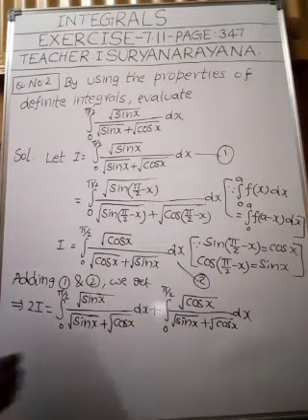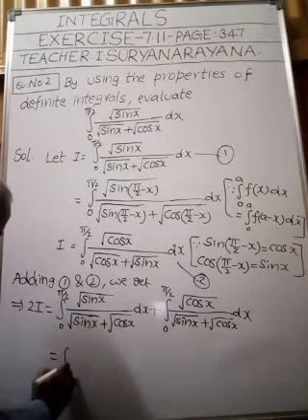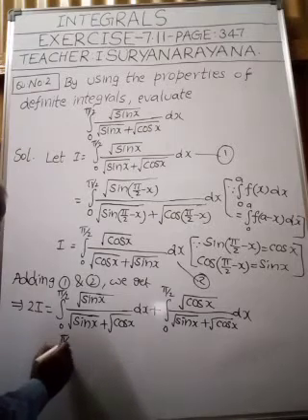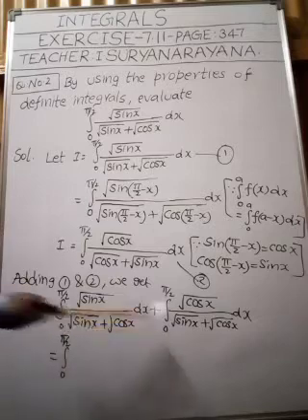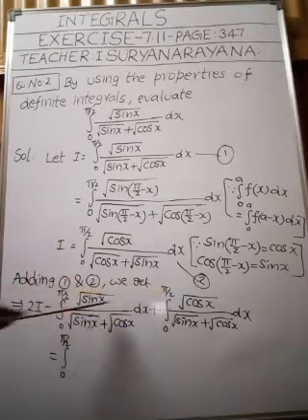Right. This is equal to the integral from 0 to pi by 2. See here, limits are same, 0 and 0, here also pi by 2, pi by 2. So we can add these two integrals.